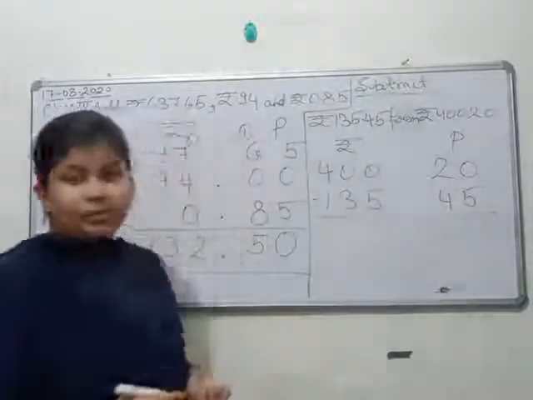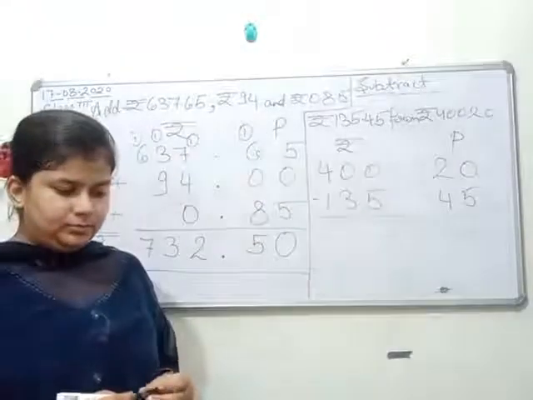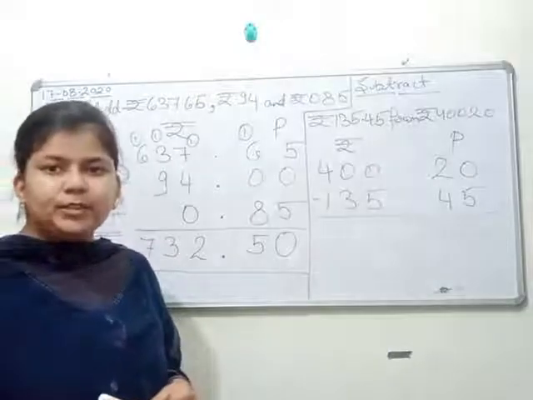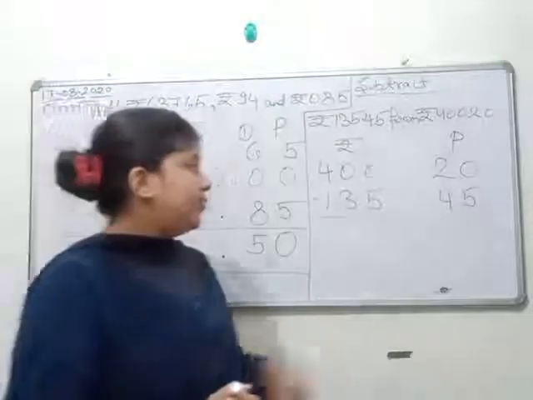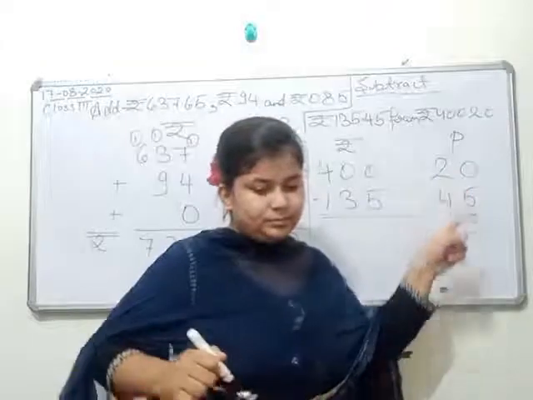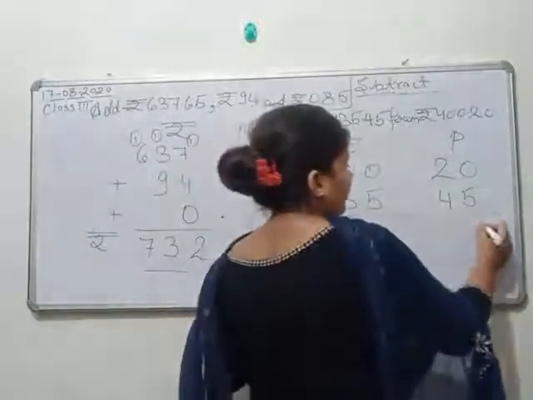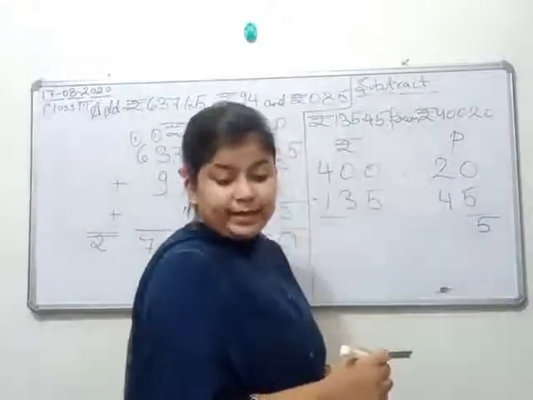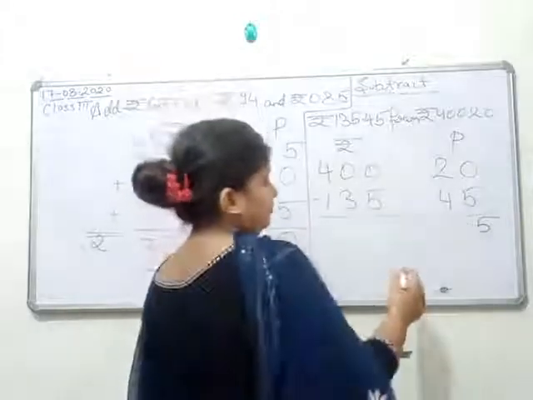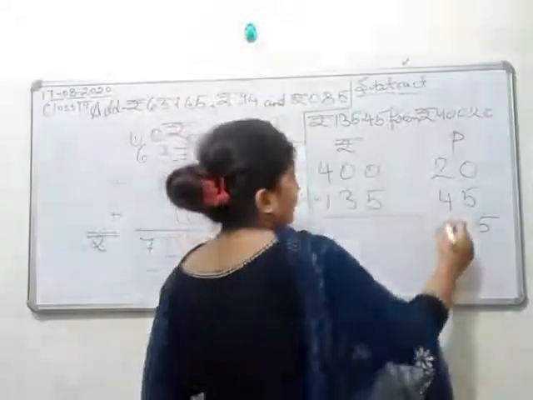Okay. Do the subtraction. Come on, do the subtraction. We will start from here. So 10 minus 5 we get 5. Next 7.